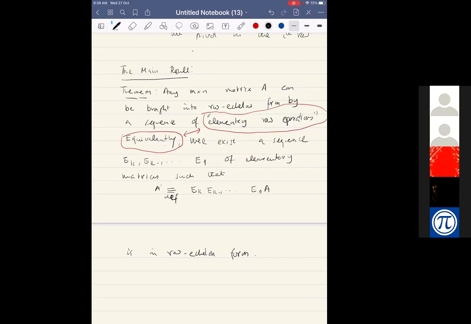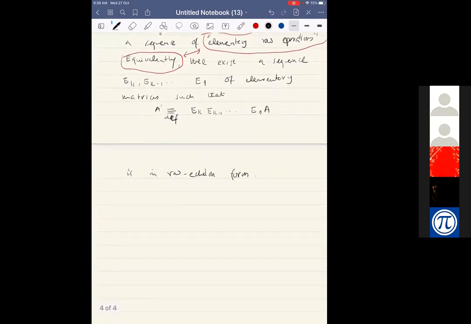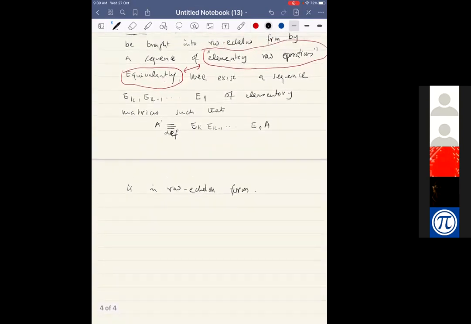Okay. Now, why is this equivalent? Well, I have to explain what elementary row operations on an m cross n matrix are.